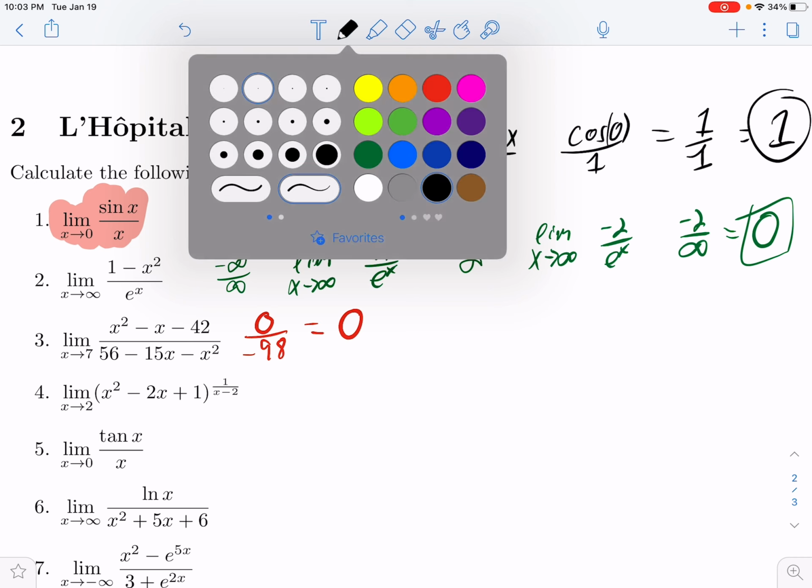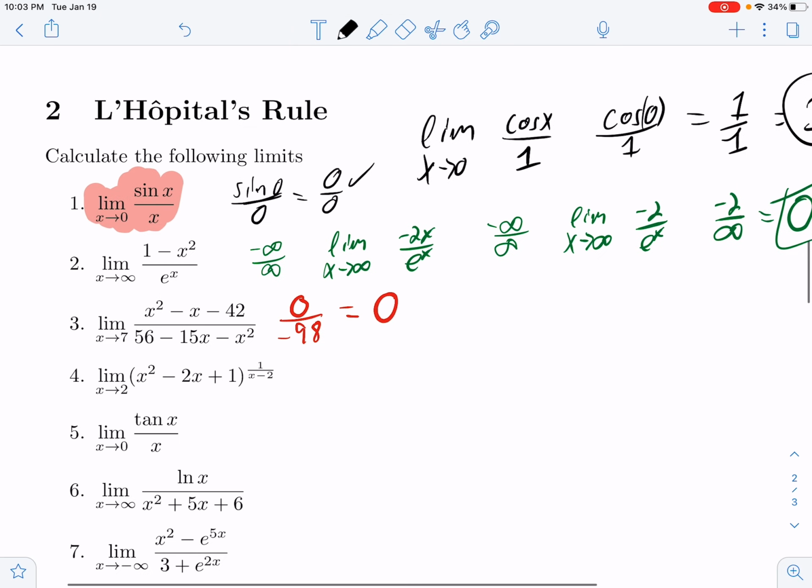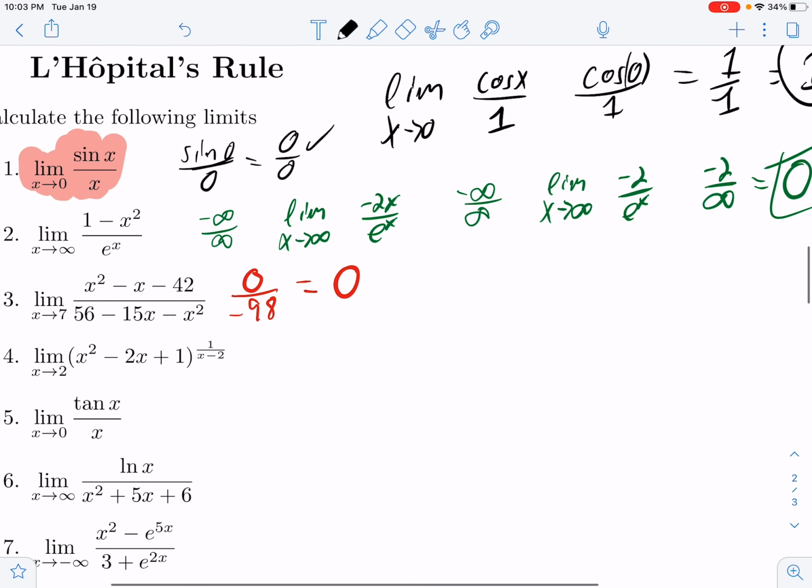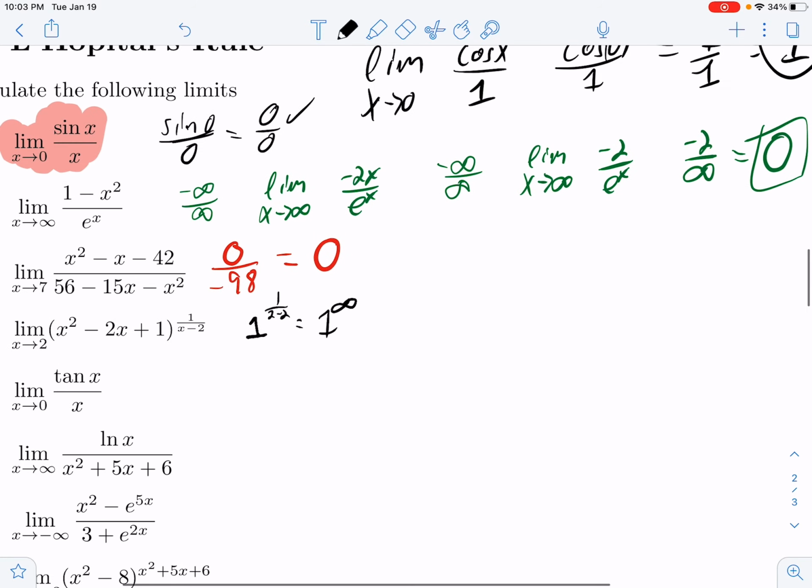Okay? And then we try this last guy, number 4 here. Plug in 2. If I plug in 2, I get 1 to the 1 over 2 minus 2, which is 1 to the infinity, which is one of our indeterminate forms, but it's not one of the ones that we know how to deal with. And the trick to then doing this is logarithming everything in sight.